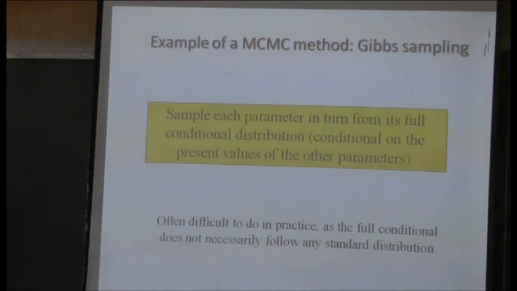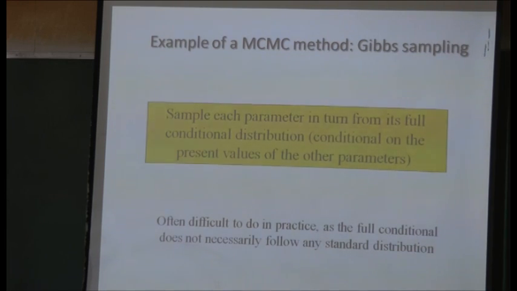Then you change the value of A. Then you sample B, conditional on all the other parameters, then C, then D, then actually all the true locations. You sample them also from their full conditionals. After you have done that for all the parameters, then you move on to the next step. You sample again A, then B, then C, and so on. So this is called Gibbs sampling.